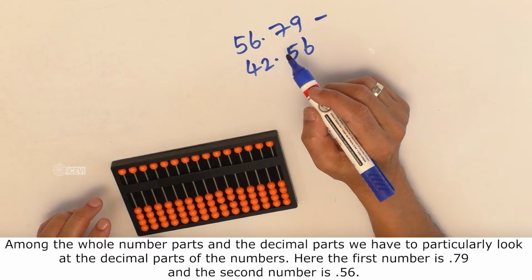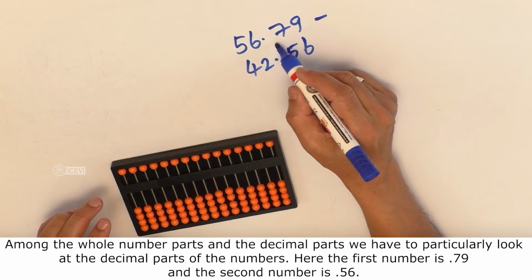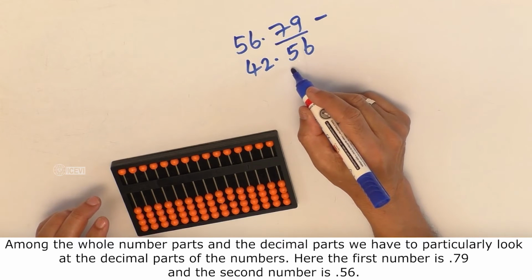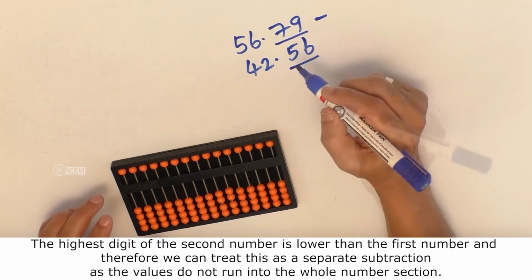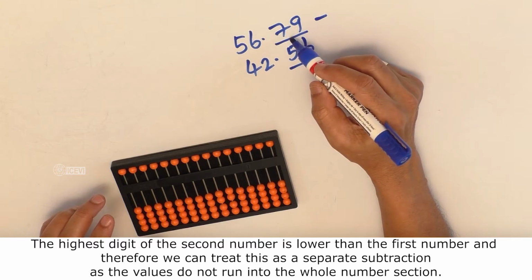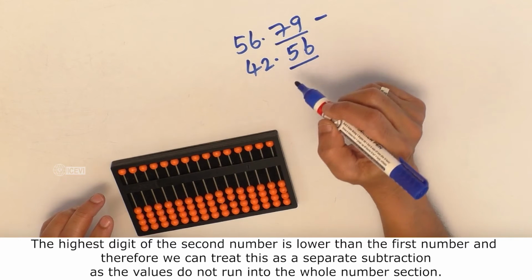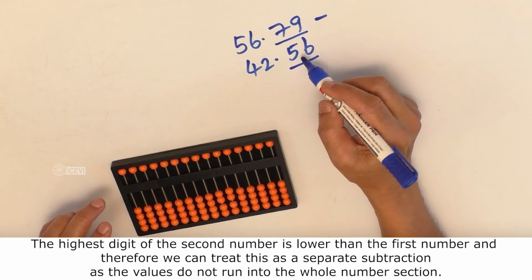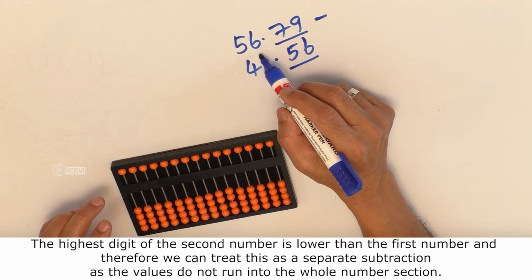Here, the first number is 0.79 and the second number is 0.56. The highest digit of the second number of the decimal part is lower than the first number, and therefore we can treat this as a separate subtraction, as the values do not run into the whole number section.